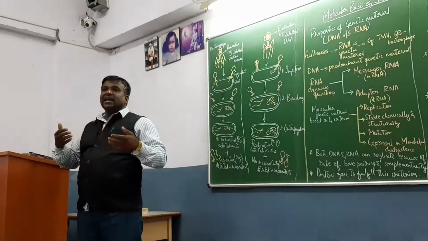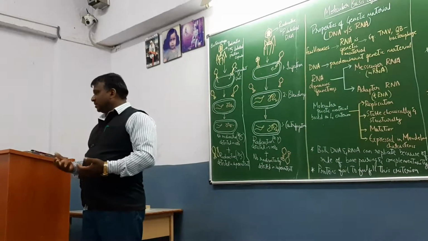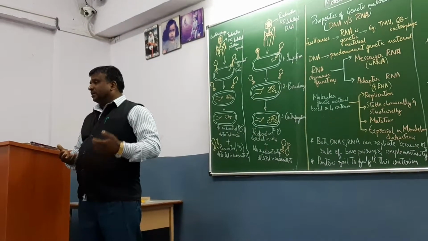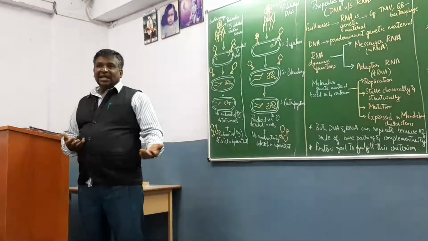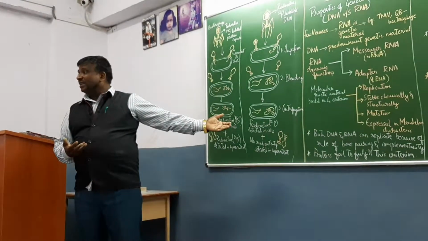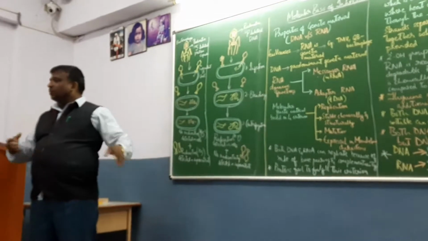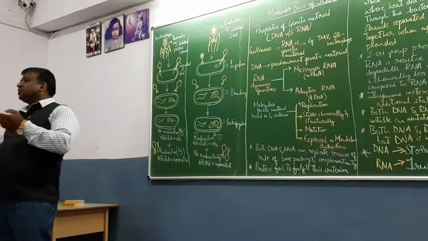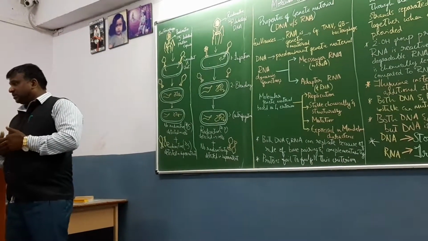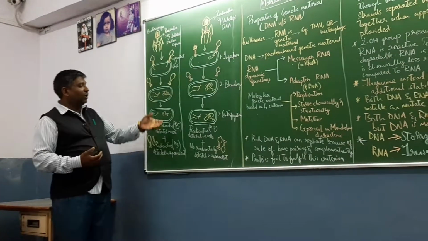It is just like an aeroplane being hijacked by terrorists. The viral DNA is going to hijack the bacteria, and they are going to utilize the protein synthetic machinery to produce their own copies. Okay? That is what is going to happen.